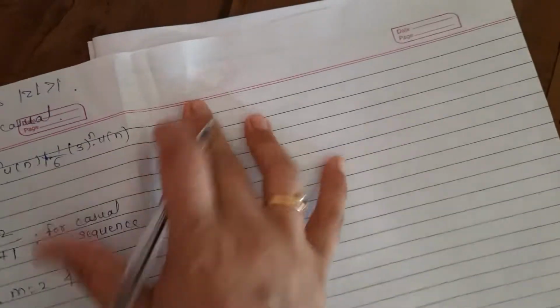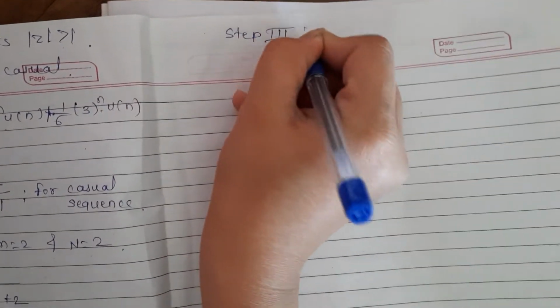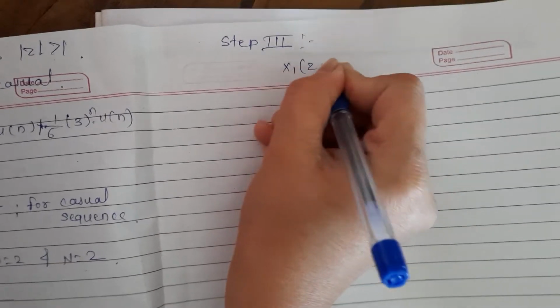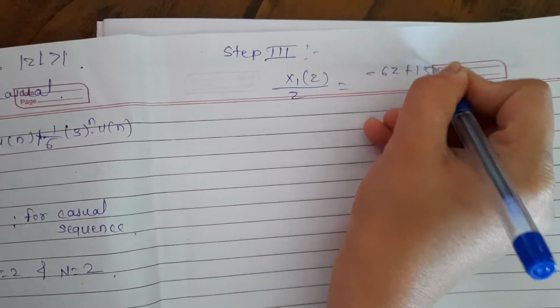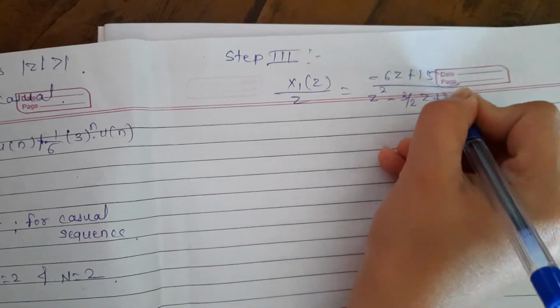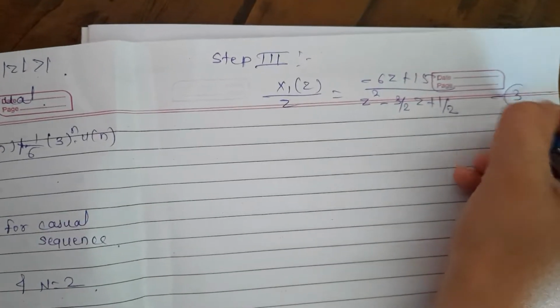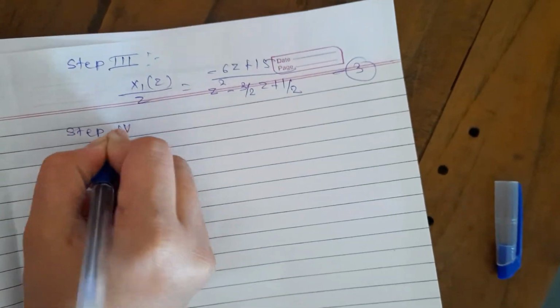So next is step 3. X1 of z by z is equal to minus 6z plus 15, by z square minus 3 by 2 z plus half. This is equation 3.